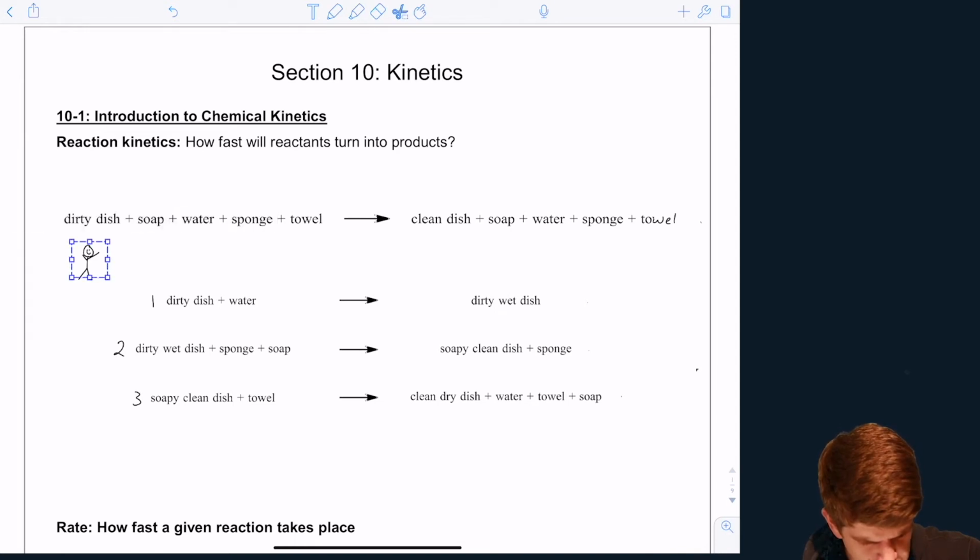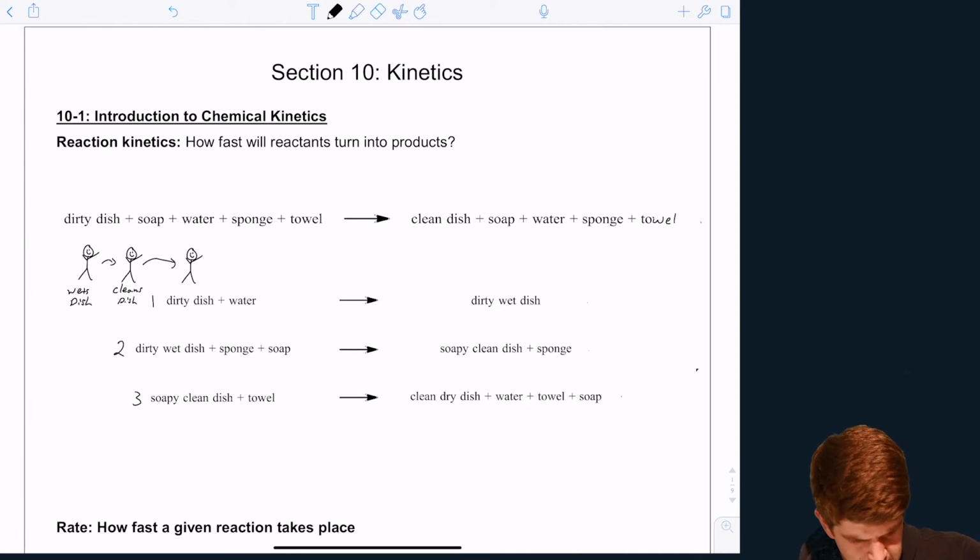The first person is going to wet the dish. After they are done, they pass the task over to the next person who cleans the dish. And then as we move over to the last person, they dry the dish.